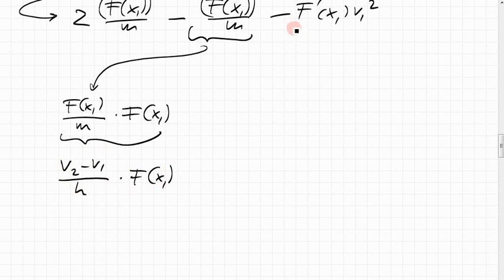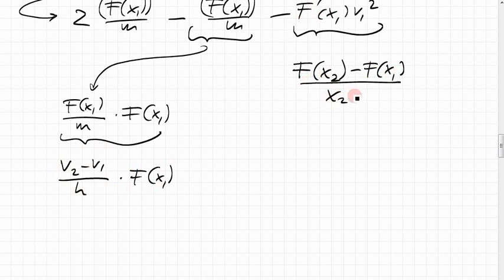Now for the third term, f prime, the spatial derivative of the force. This ought to be something like, by how much does the force change as I move from x1 to x2, over, by how much does x change? Now great, x2 minus x1. This is an approximation for the spatial derivative times v1 squared, but this is just an approximation.